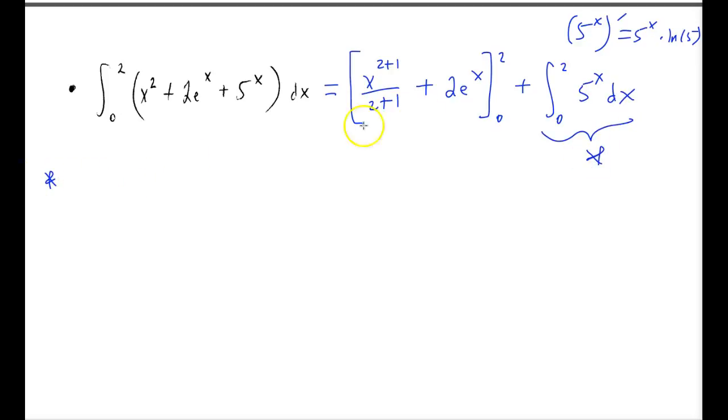So on there, if we let u equal 5 raised to the x, then what that means is du over dx is going to be 5 raised to the x times natural log of 5.